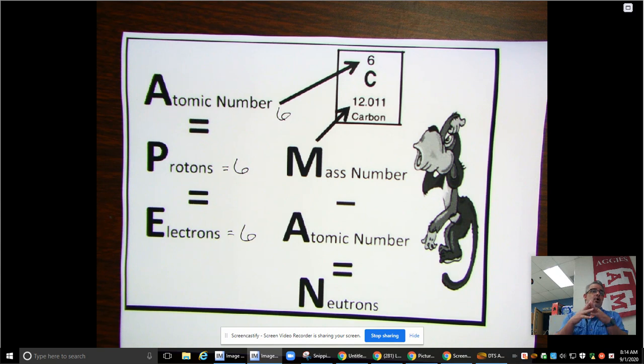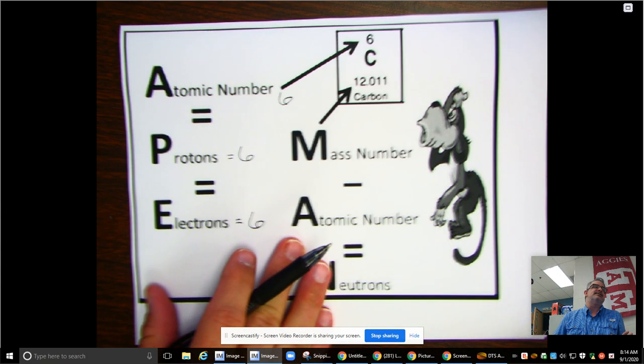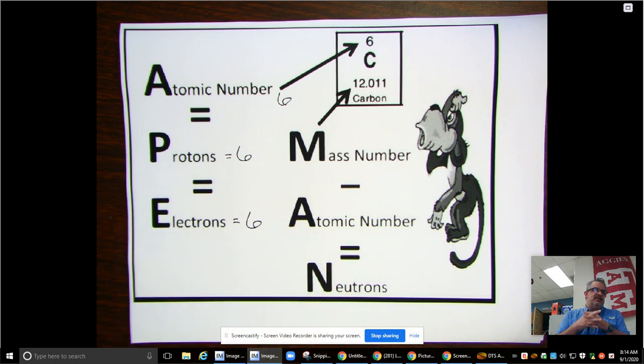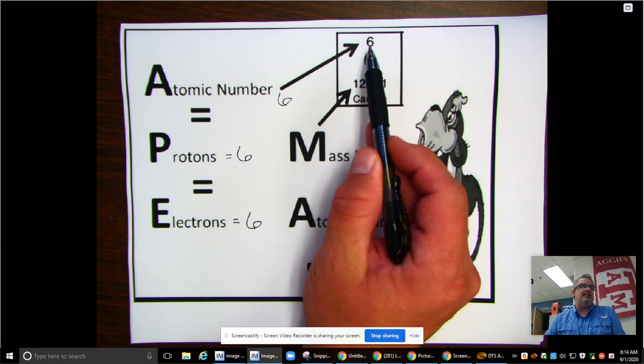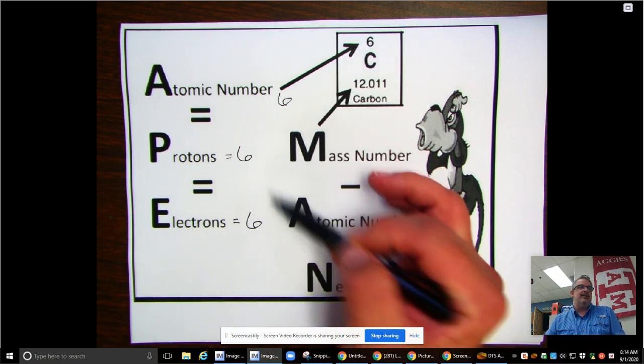Protons and electrons are always equal. Okay, at least in 8th grade science, protons and electrons are always equal. When you get into high school chemistry, they'll talk to you about ions and ionic bonding. But for our purposes this year, you just need to understand that the atomic number up here, the 6, tells us how many protons there are and how many electrons there are.